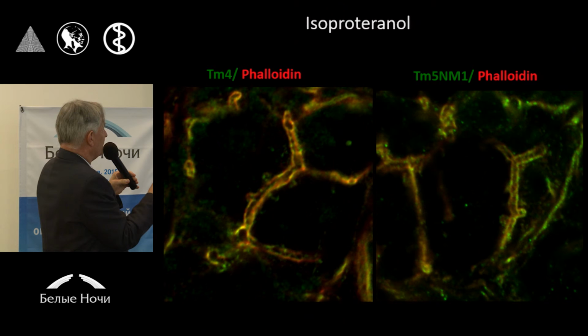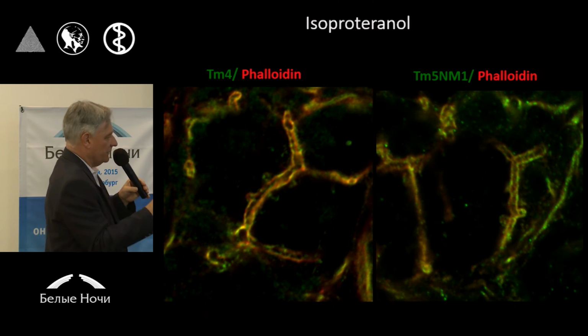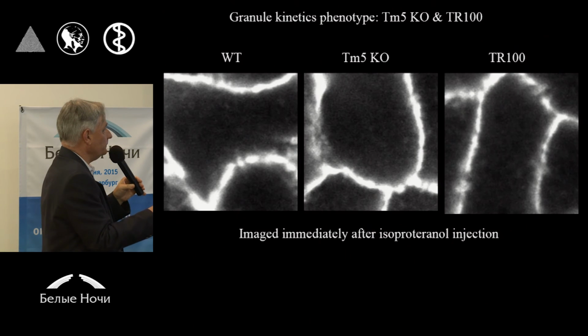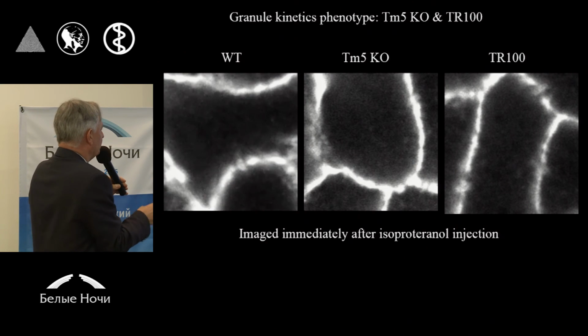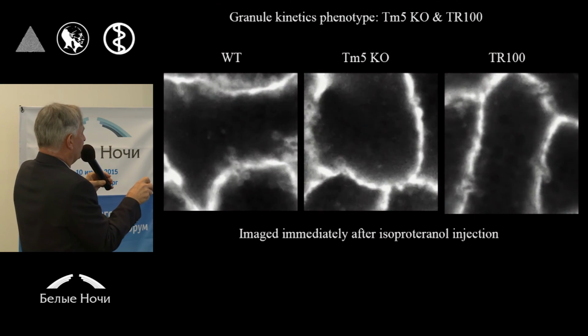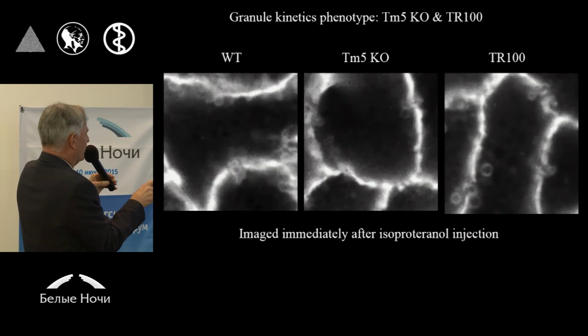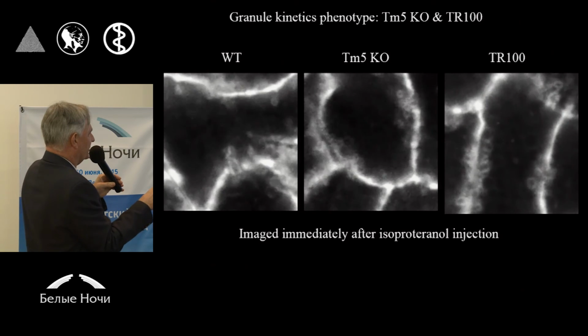This is to remind me to tell you that the tropomyosin target, TM5NM1, is localized to the granules as they're fusing to release their contents. And this is a series of movies, and what I'm going to show you here is that under normal circumstances, you can see the granules forming as they fuse and they collapse to release their contents.